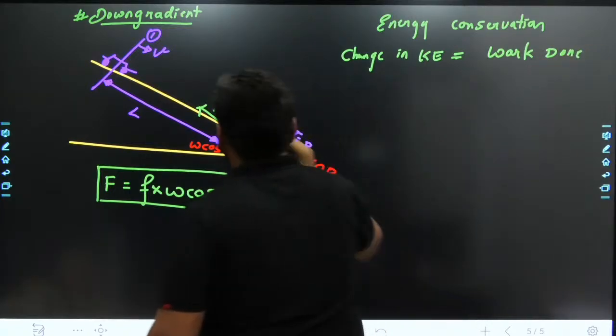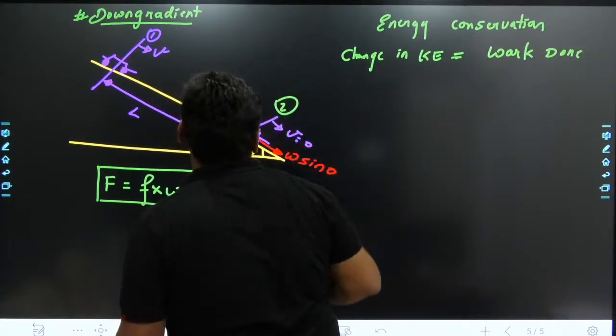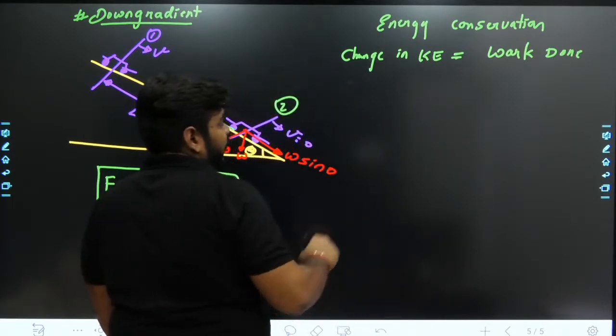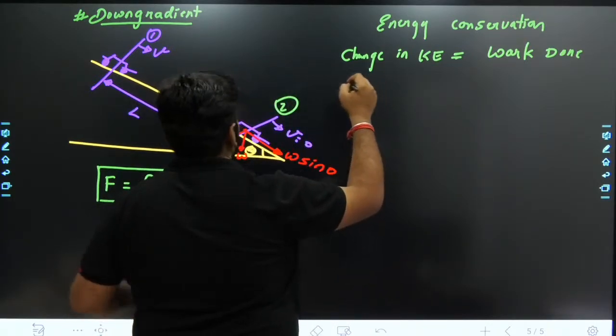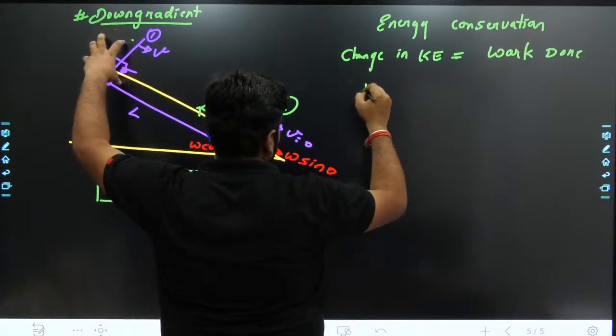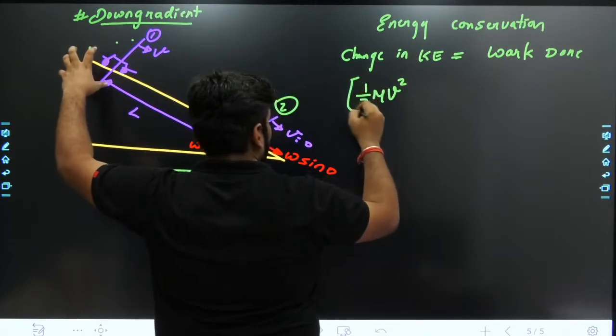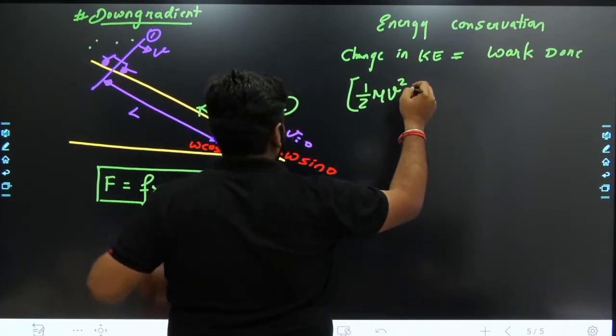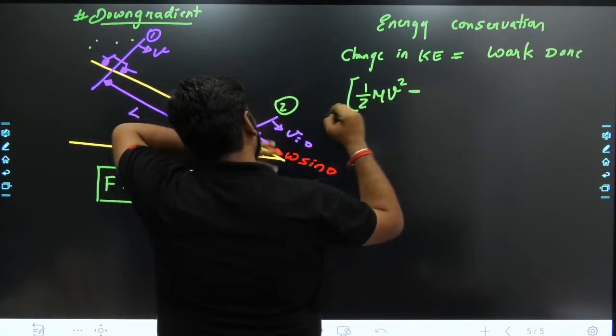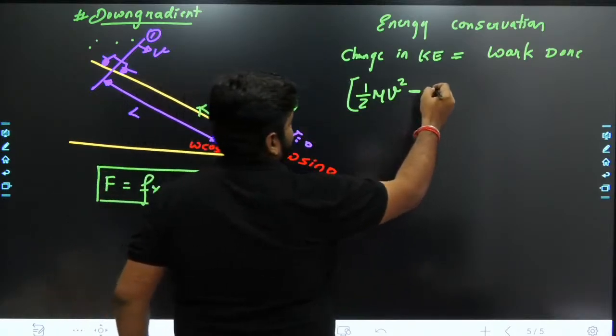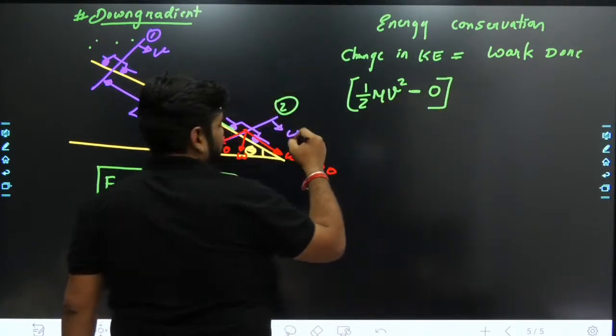This is your first position and this is your second position. The kinetic energy for the first position is half mv square, and the kinetic energy for the second position is 0, because the velocity is 0.